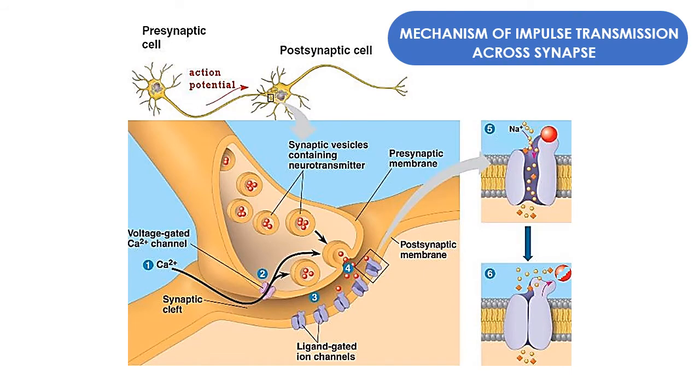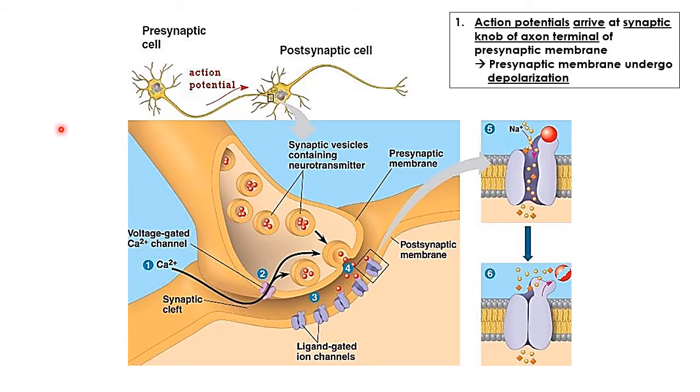Now let's look at the mechanism of impulse transmission across synapse. First, the action potential arrives at the synaptic knob of the axon terminal of the presynaptic membrane. The presynaptic membrane will undergo depolarization.